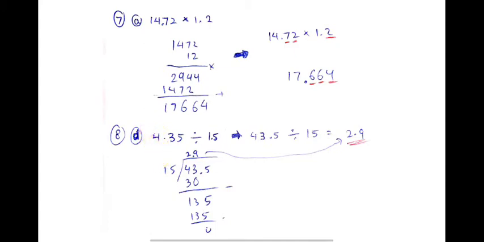So once you move the decimal point, you have to move both, either to the left side or right side. In this case, you're going to move to the right side because your purpose is to get rid of the decimal point in the divisor. So 4.35 will become 43.5.